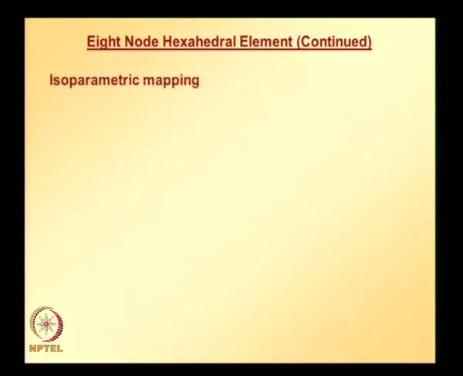And next is isoparametric mapping. This is similar to the earlier elements that we have seen, except there are 8 nodes. So, 8 shape functions and the corresponding x coordinates of all the 8 nodes. x is equal to N1 x1 plus N2 x2 plus N3 x3, and so on, up to N8 x8.